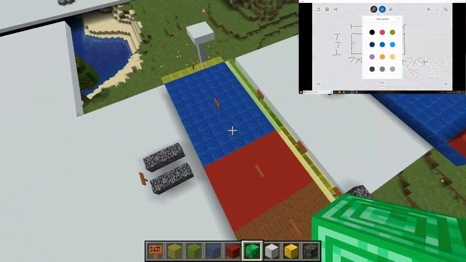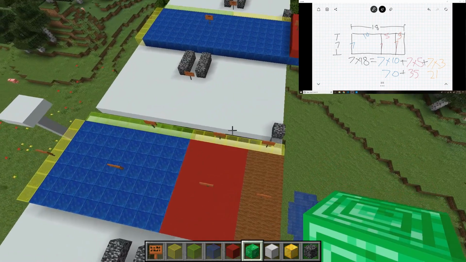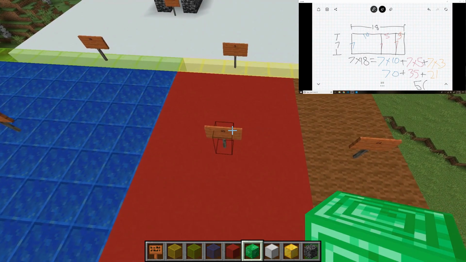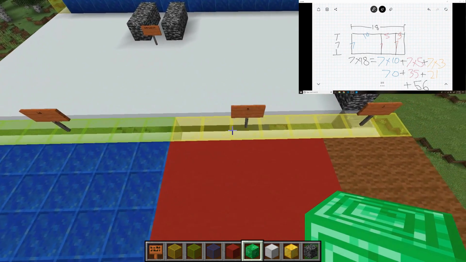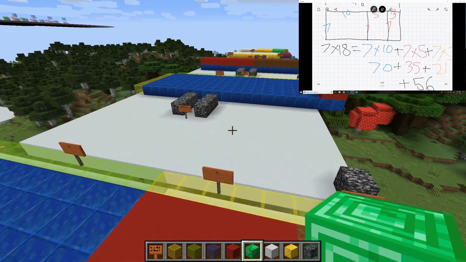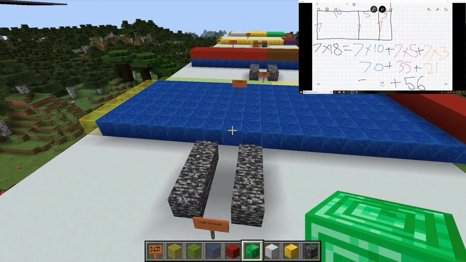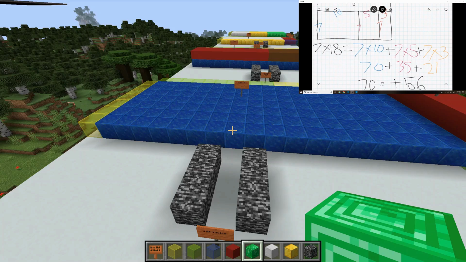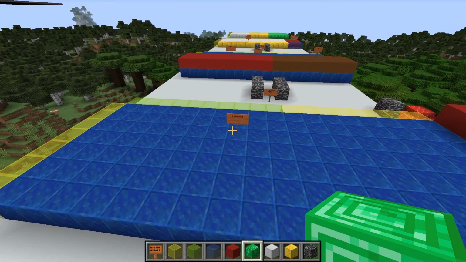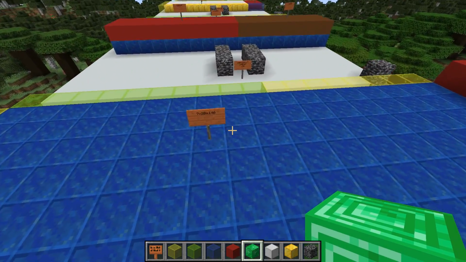So you can add up all 3 numbers and you still get the same total area. Because this is the same total area, I've just split it up a little differently, it's still equivalent. You can see 1, 2, 3, 4, 5 there, and then you've got your 3 here. You can also use the distributive property to subtract pieces off. Maybe you think, well, 7 times 18 is pretty close to 7 times 20.